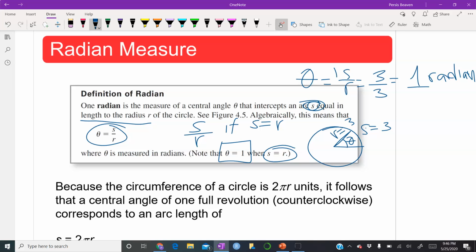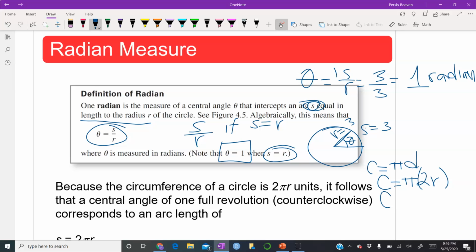So based on that definition, the circumference of a circle, you could find that by multiplying pi times the diameter, or because the diameter is 2 times the radius, that could also be a way to calculate the circumference.